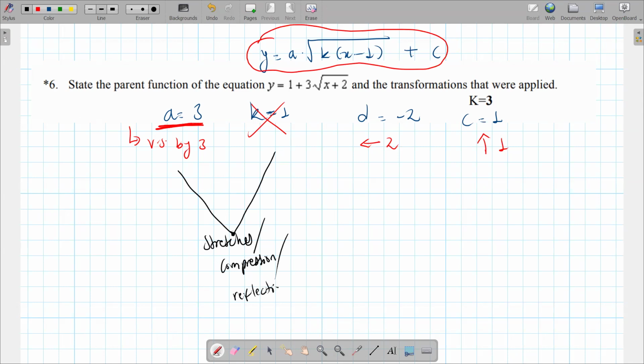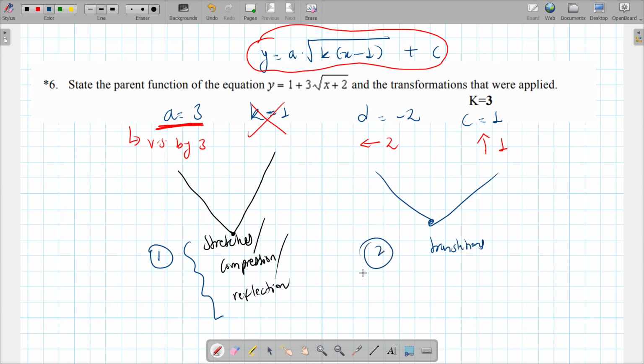A and K dictate this, right? If K is negative, then it's a reflection in the y-axis. If A is negative, it's a reflection in the x-axis. You're always going to be doing these three, in any order. The order here doesn't matter, but you have to do these before you do translations.